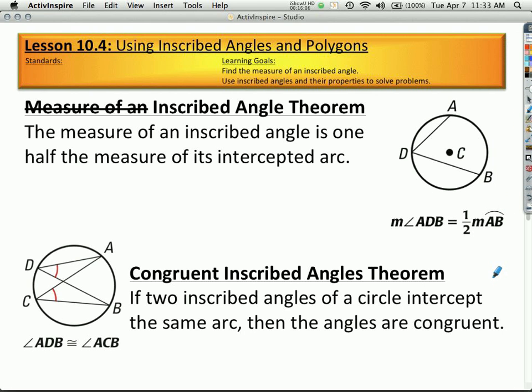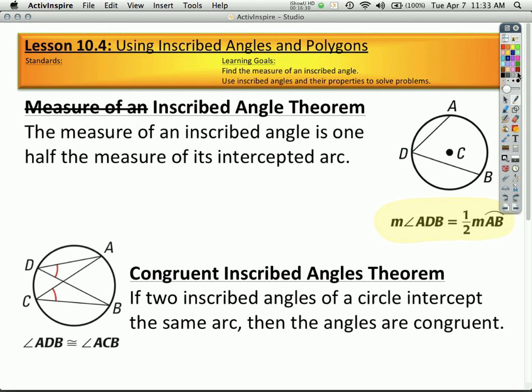The measure of an inscribed angle is half of the measure of its arc. So angle D will be half the measure of this arc, as written out here using symbols.